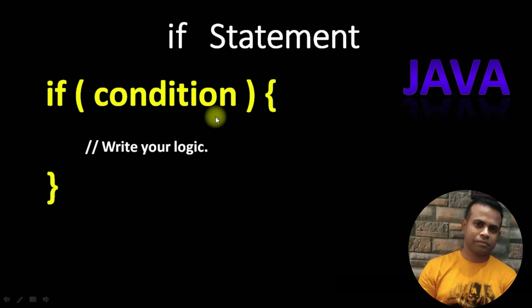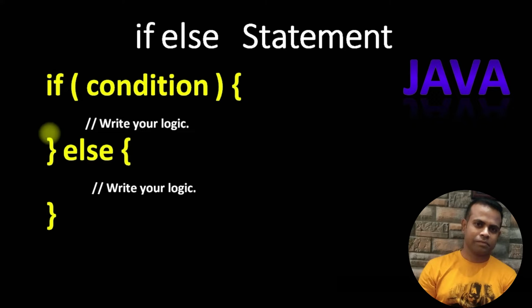Similarly, if we want to understand whether a number is positive or negative, then we can create an else statement here, because the if logic always runs if the condition returns true. Now if we want to know whether a number is positive or negative, then in that type of case we can use if and else conditions.